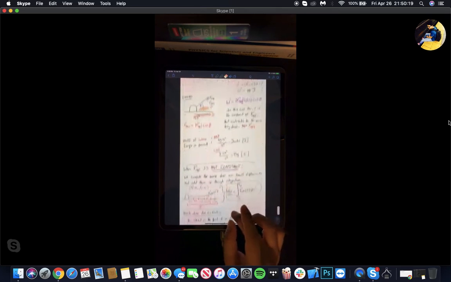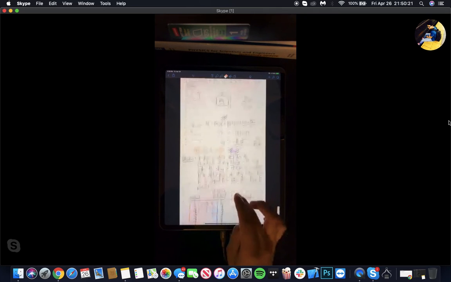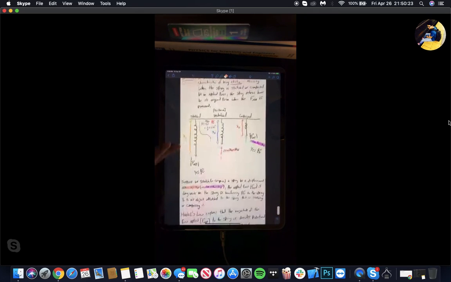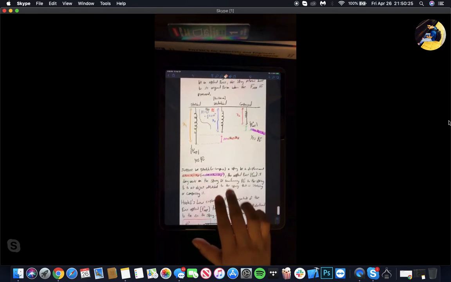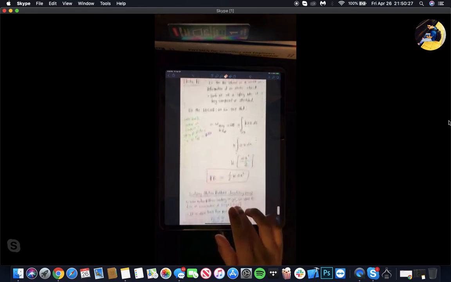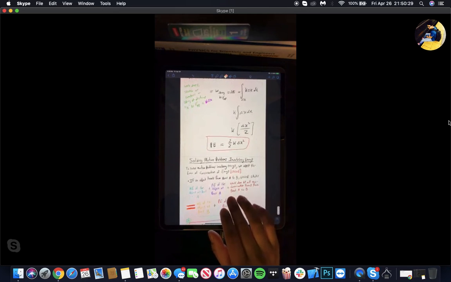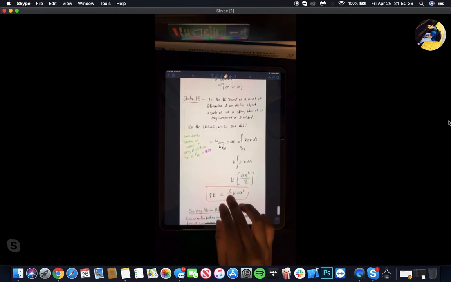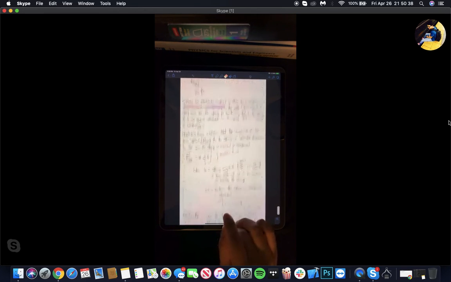There's a lot of stuff going on. There's a lot of writing. When we started off, it was all concepts. There was no problem solving. And in class too, we barely do any problems. Everything is just notes and notes.